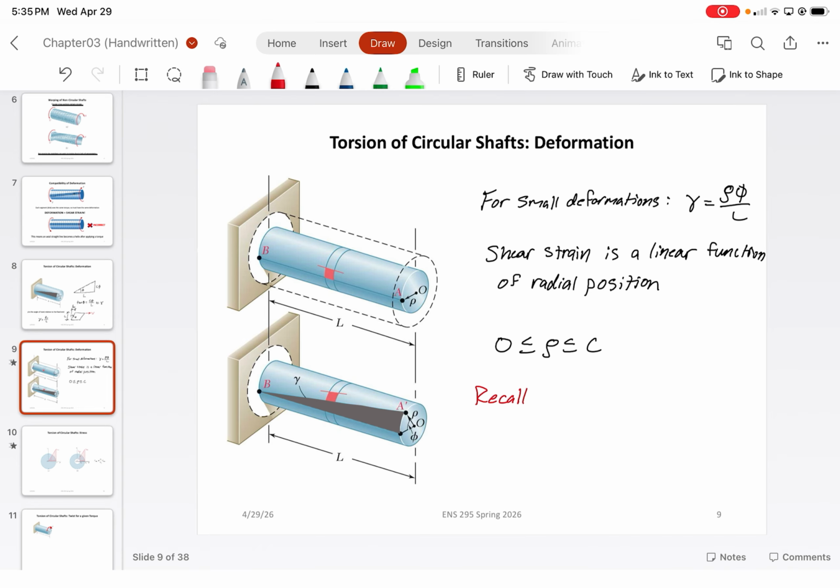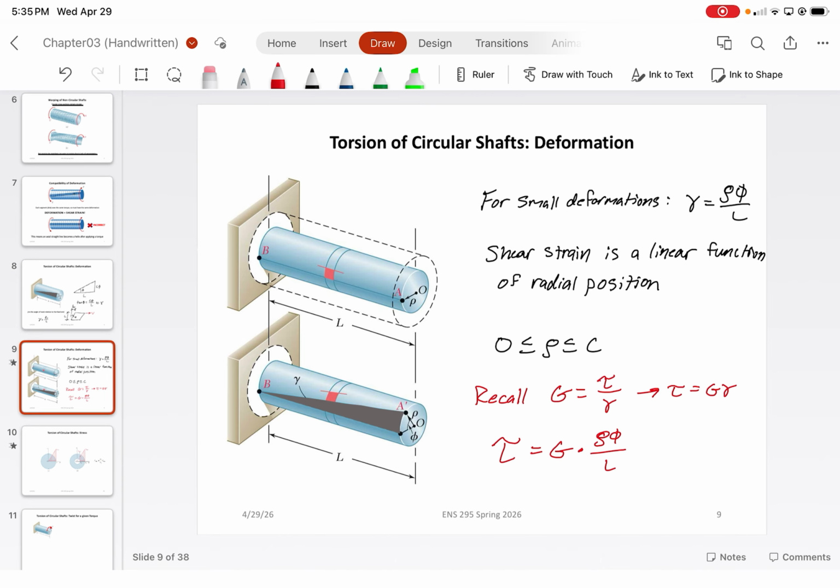So if we recall that G is just equal to the shear stress over the shear strain, we can rewrite this to say that the shear stress, let me write it as G gamma, would just equal G times rho phi over L.